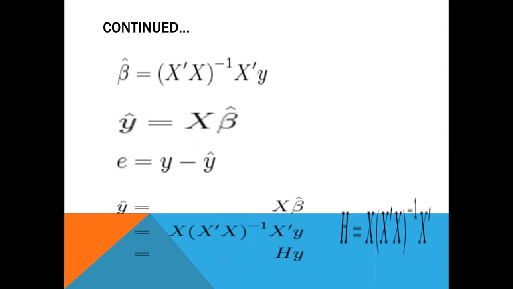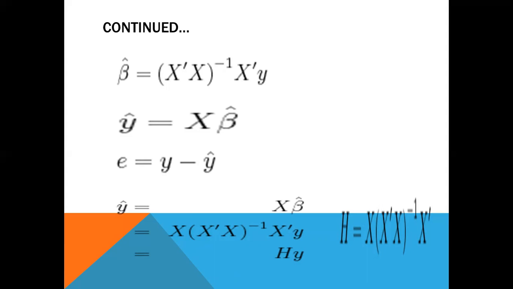So then it becomes, this is the predicted output. Okay, so y cap equals x multiplied by b cap, then b cap equals x transpose multiplied by x to the inverse. Okay, then multiplied by x transpose multiplied by y.